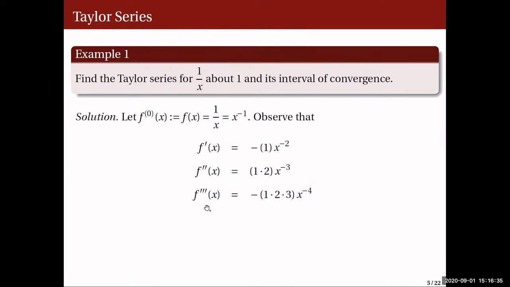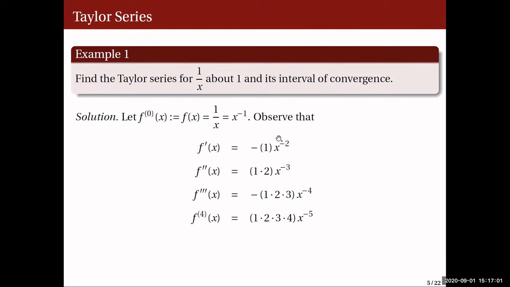One more time, the fourth order derivative of f is positive 1 times 2 times 3 times 4, x to the negative 5. Observe that the sign alternates and the coefficients are 1 factorial, 2 factorial, 3 factorial, and 4 factorial.